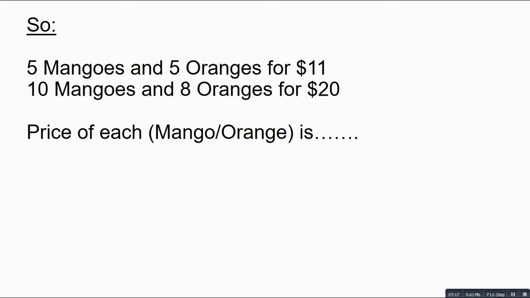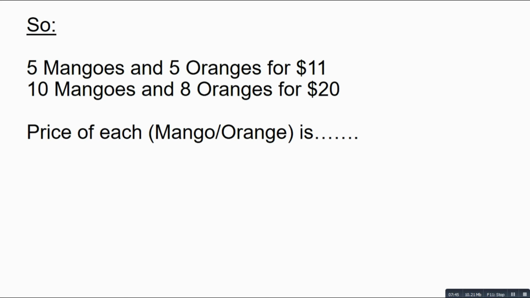I'm going to give you a hint. Imagine the mangoes and oranges to be the parameters x and y. So 5 mangoes becomes 5x, 5 oranges becomes 5y, and 5x plus 5y is equal to 11. The second equation becomes 10x, which is 10 mangoes, plus 8y, which is 8 oranges, is equal to 20.